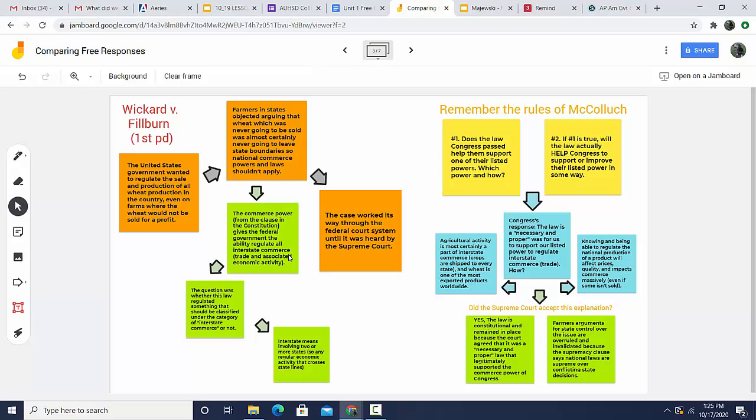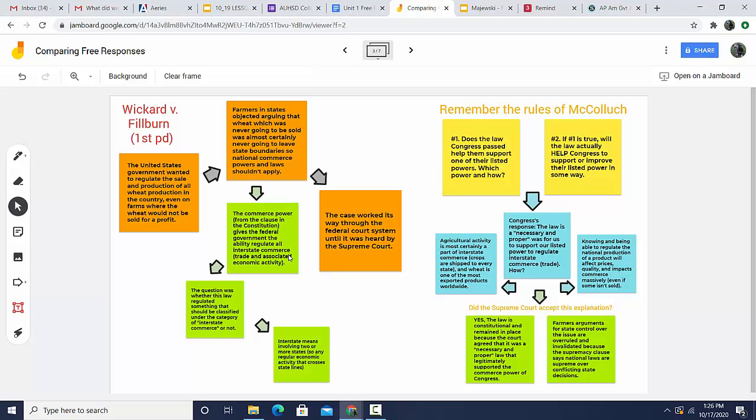And secondly, knowing and being able to regulate the national production of products will affect the prices, the quality, and impact commerce massively, even if some of the total production isn't ever sold. And so the government said it's important for us to know and be able to monitor and regulate total production, even for some parts that aren't sold, because the stuff that's not sold is going to affect the price, the quality, the quantity, the supply, the demand of the stuff that is sold.